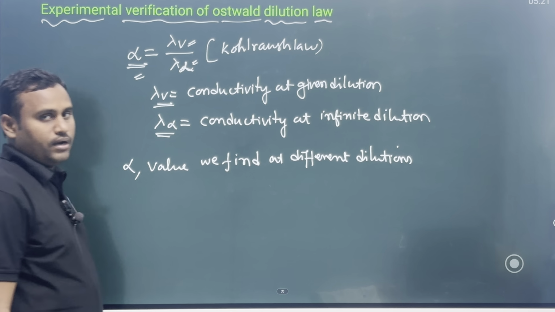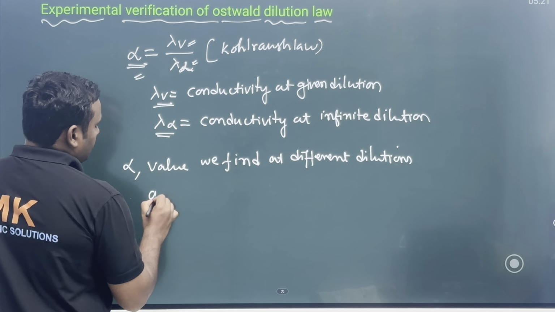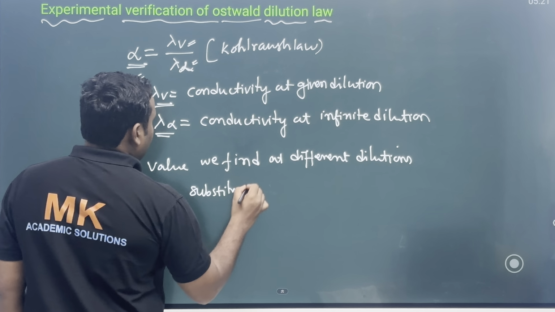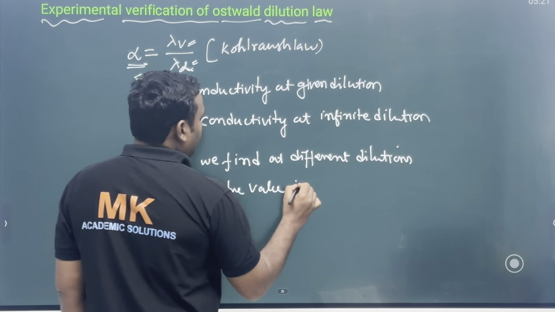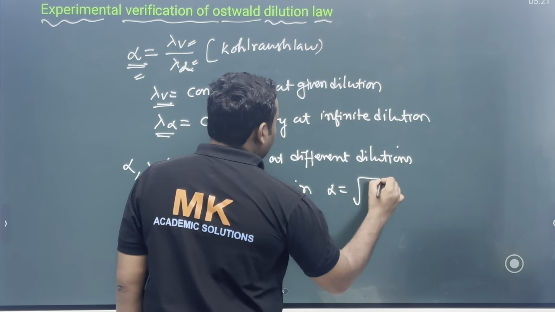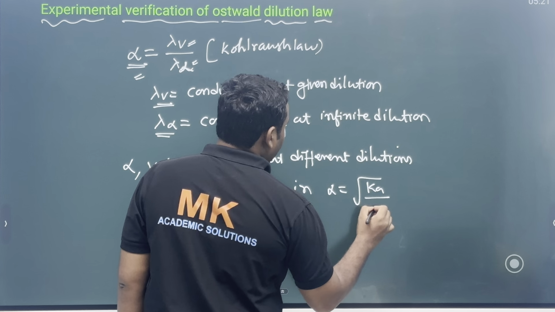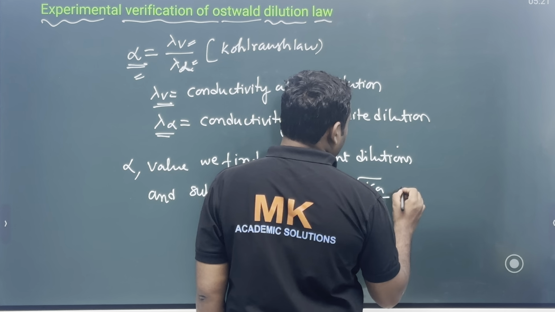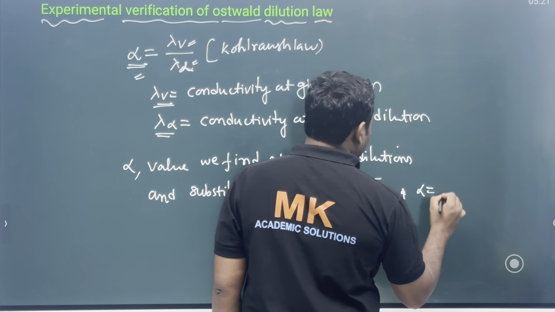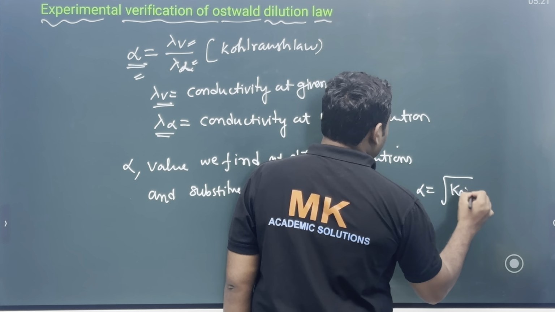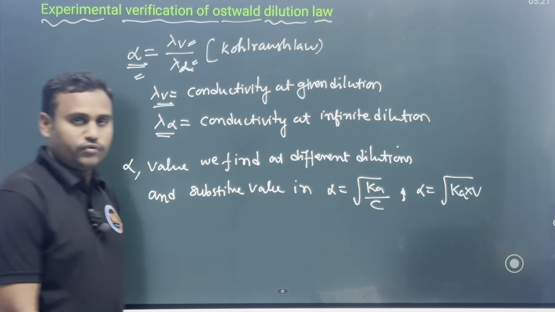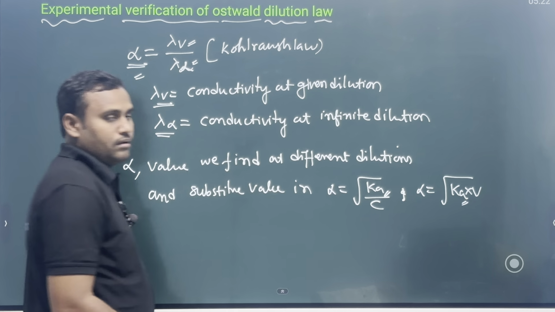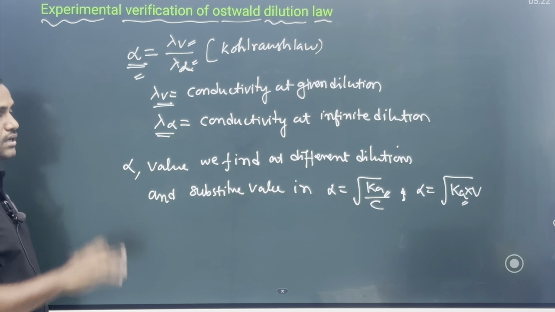And we substitute the value in alpha is equal to square root of Ka by C, or alpha is equal to square root of Ka into V. So in these two equations we substitute, and if you get a constant Ka value, it means Ostwald dilution law is verified.